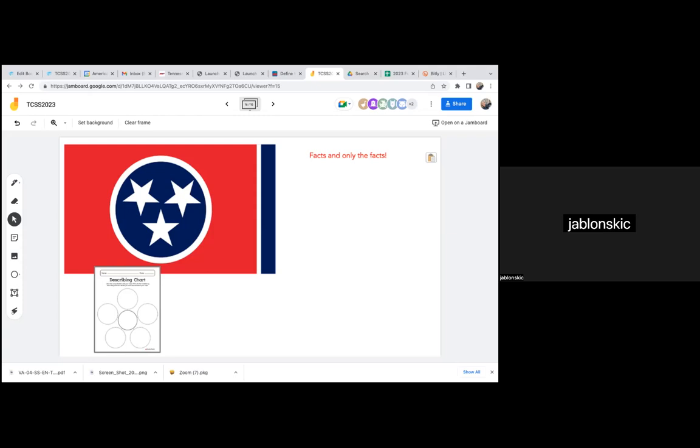So focus on the people, focus on the architecture, focus on the geography, so that it kind of reins them in a little bit, and they don't get as overwhelmed with the entire image. So I've found that helps. As 6th graders do, they get distracted by everything else that they see and they want to comment on whatever they think is the coolest. But we try to kind of limit it that way to help sort of focus their thinking.